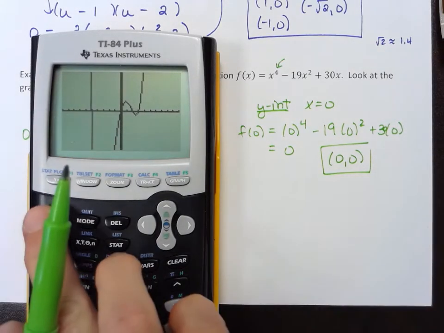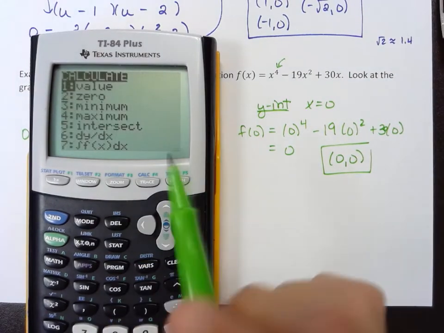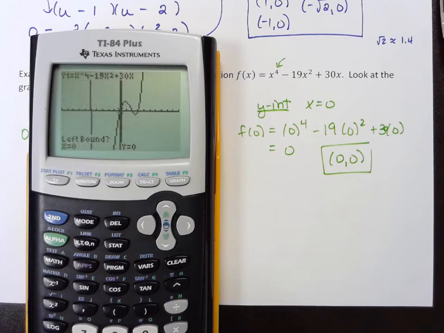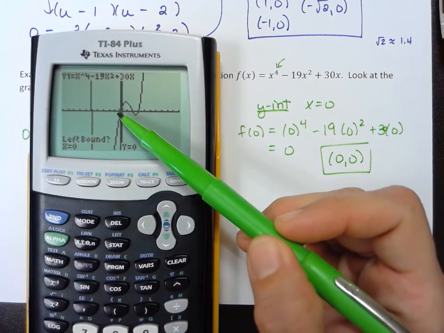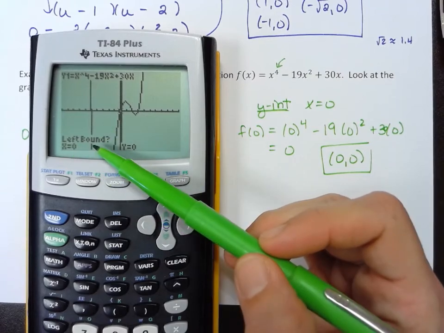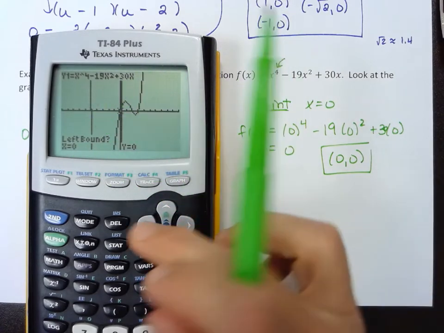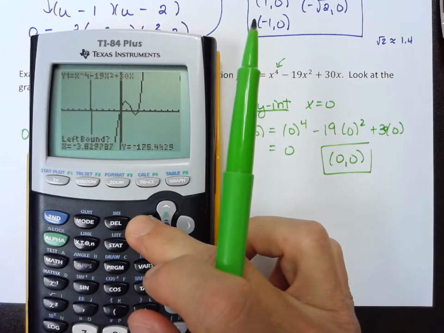Alright, so this is how we do it. Second calc is right here. And we want 0. So click 2. So you have to answer this question. Is my cursor, it's right there, is it on the left side of the 0? What I'm going to do is move it over here, and we'll go in order. I have no idea how far we have to go.